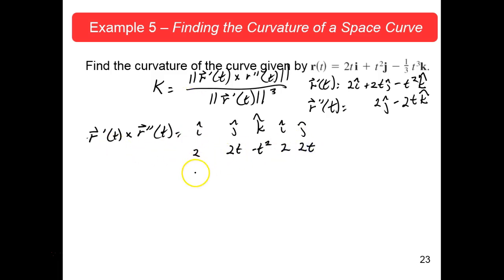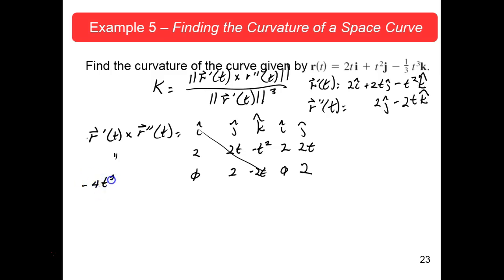And then the one listed second: 0, 2, minus 2t, 0, 2. All right, so let's do it. What will the first diagonal give you?